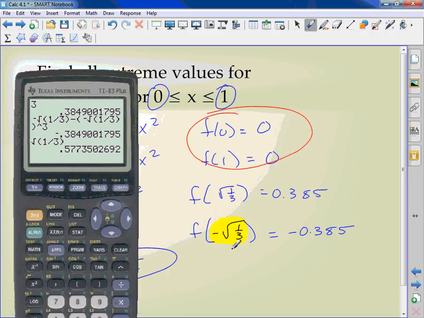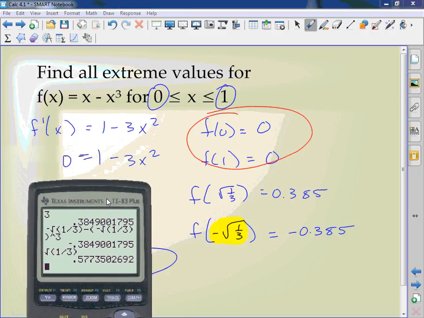What is that negative square root of 1/3 standing for? Standing for my x value. What do I know about x? It has to be in between 0 and 1. So right away, we didn't even have to do that one because it does not fall into my region.